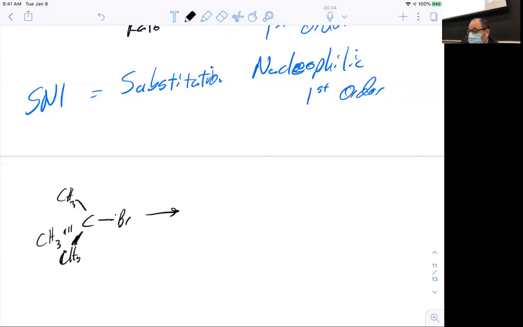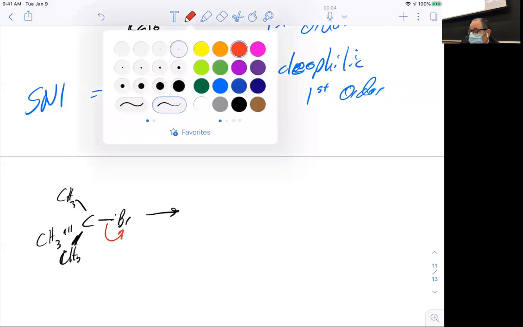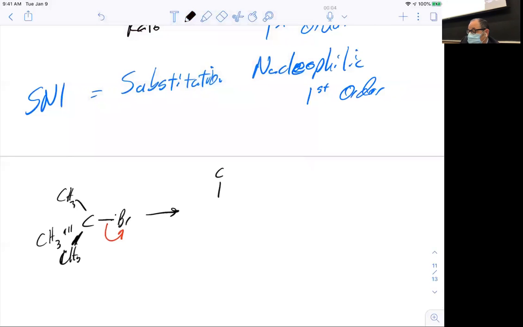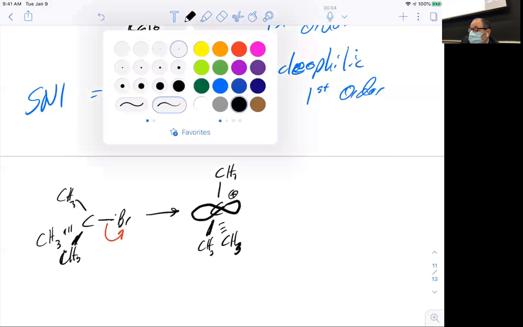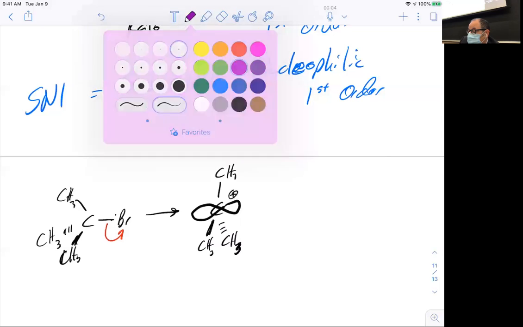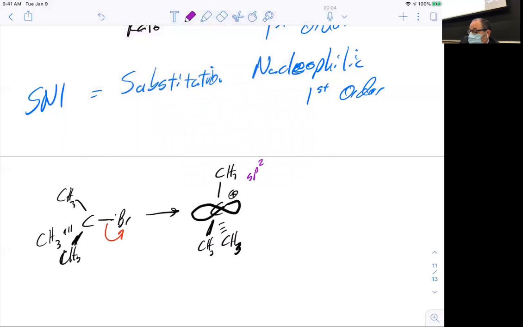Whenever this group leaves, we do go to the planar carbocation with a p orbital. This is an sp2, so it has a p orbital, and it's going to be that p orbital where we get reactions.